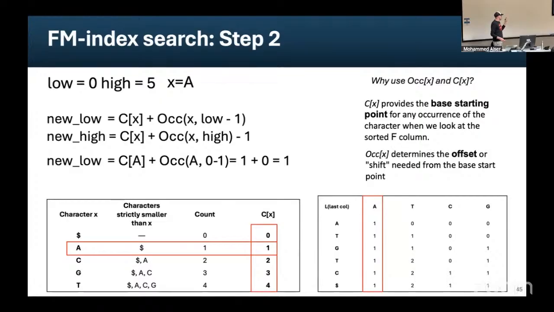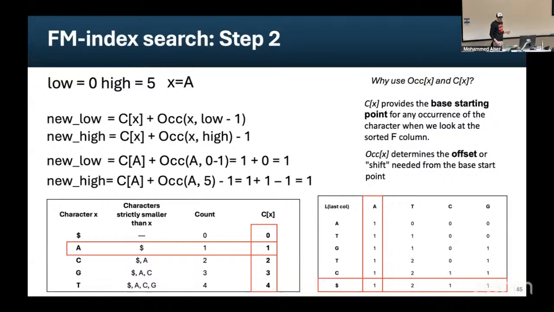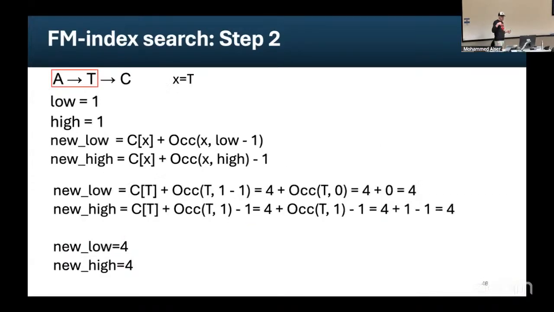For the new low, we have the occurrence of A at index -1, but -1 is not in the table, so we simply put 0. So 1 + 0 = 1. In the same way, we look at the table and compute the new high. So we computed the range for A, which is 1 and 1. Then we move to the next character.